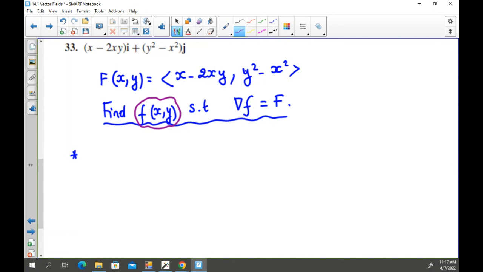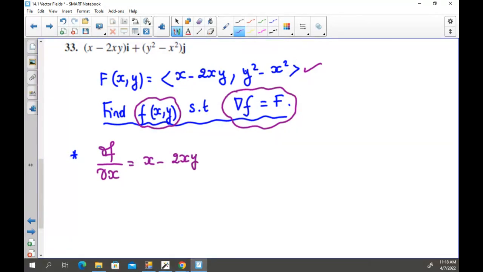So what we are looking for is a function f such that its gradient is equal to this vector field. So you want the function such that df over dx should be equal to x minus 2xy.